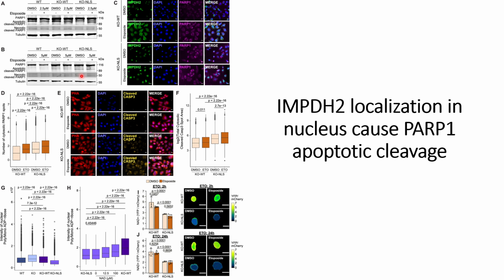And still they are able to see the cleaved apoptotic PARP1 signal in the cells that are supplemented with NLS, both in the case of adipocyte treated conditions and without adipocyte treated conditions.